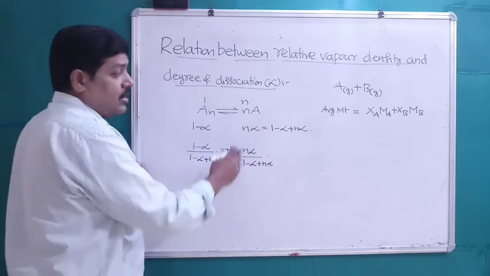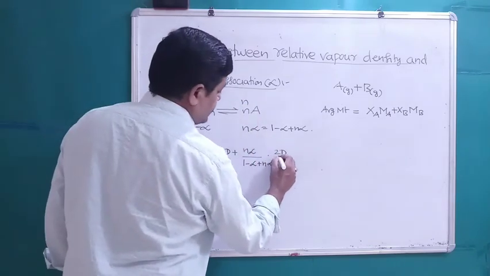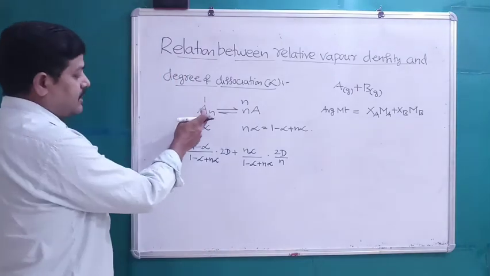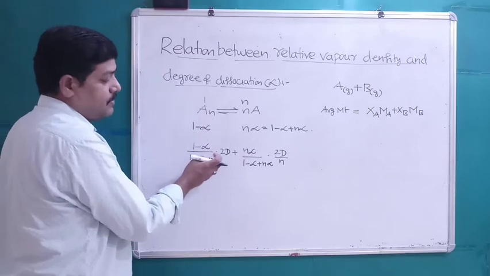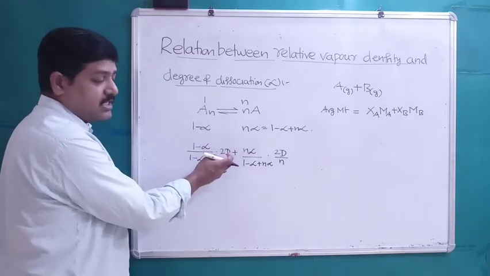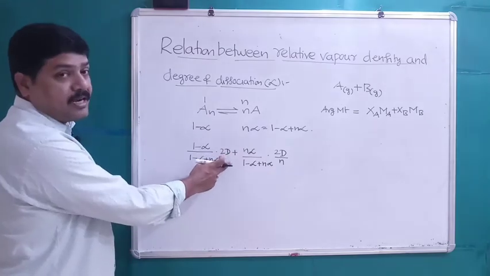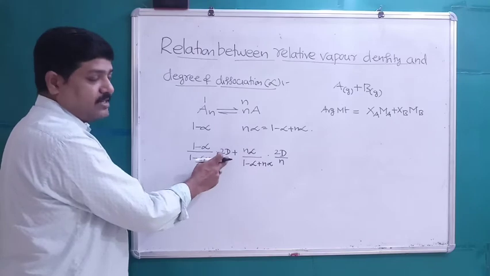And the molecular weight of A is 2D by n, because the molecular weight of AN is 2D. Okay, D is the vapor density before dissociation, capital D. I am talking about capital D, which is the vapor density before dissociation. Then the molecular weight will be 2D.